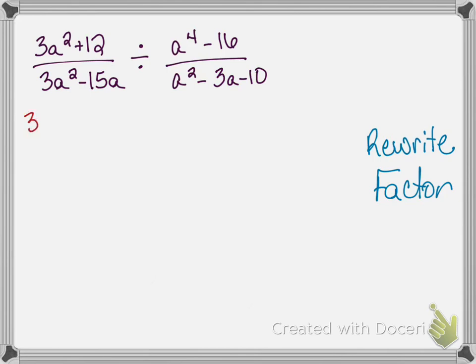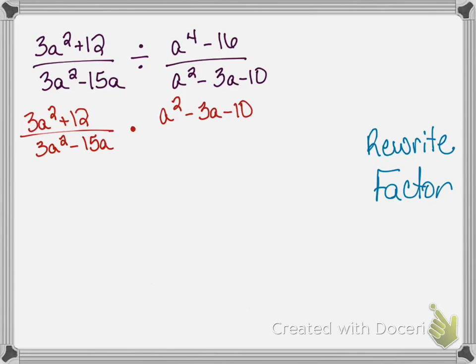So I have 3a squared plus 12 over 3a squared minus 15a. My division becomes multiplication. A squared minus 3a minus 10 goes to the numerator. A to the fourth minus 16 goes to the denominator.